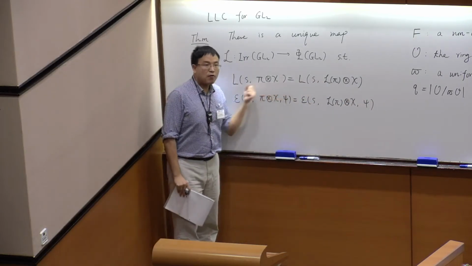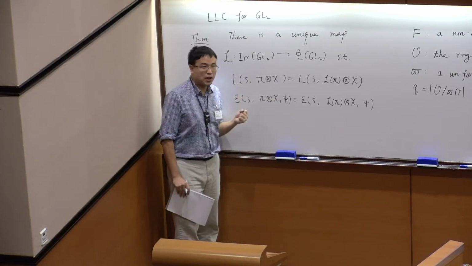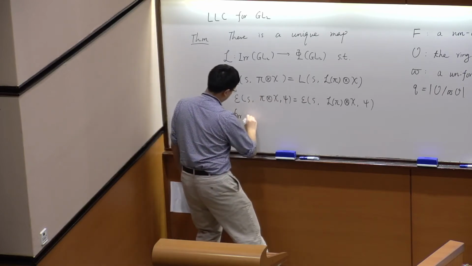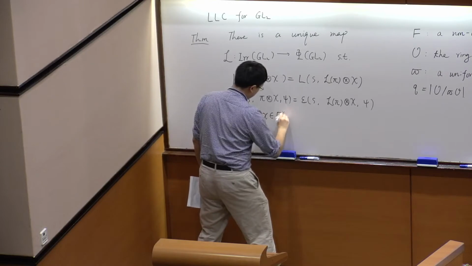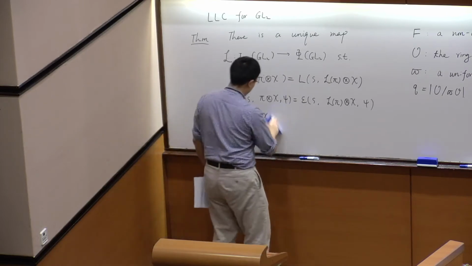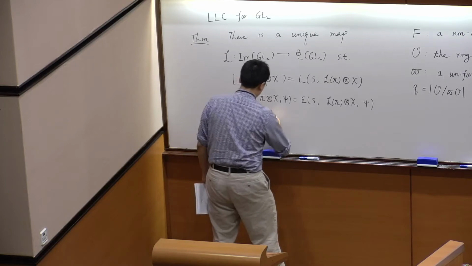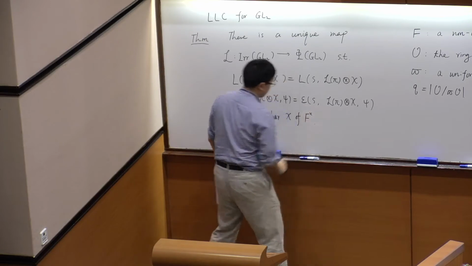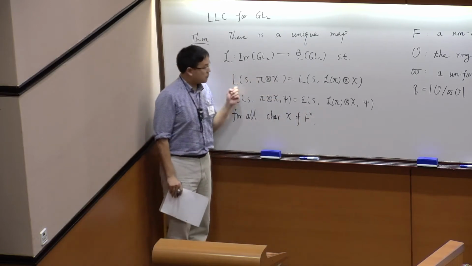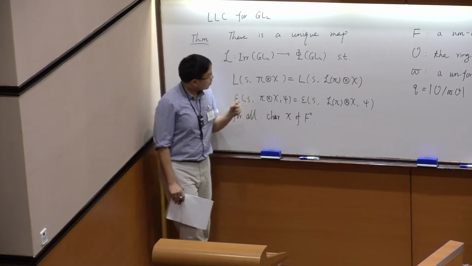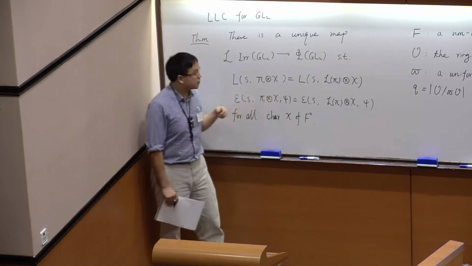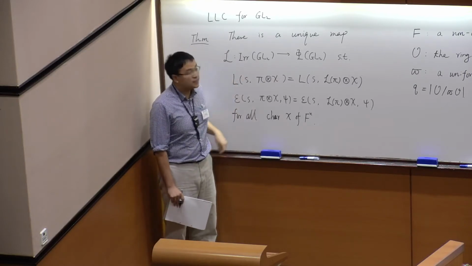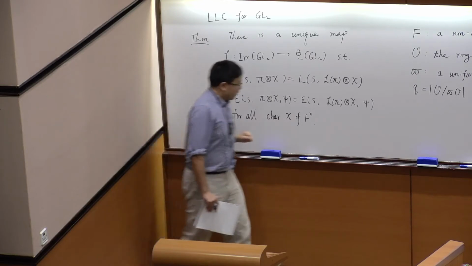We let the L-factors and epsilon factors on both sides be equal to each other, for all the characters χ. If this equation is true for all χ, it is going to give us a unique map, so in this case the map is determined.